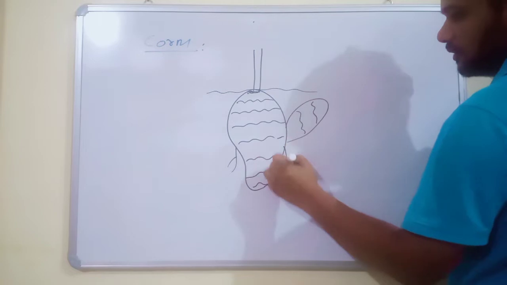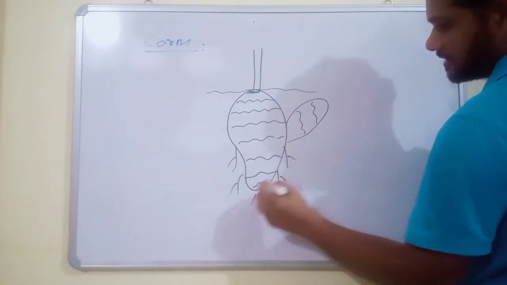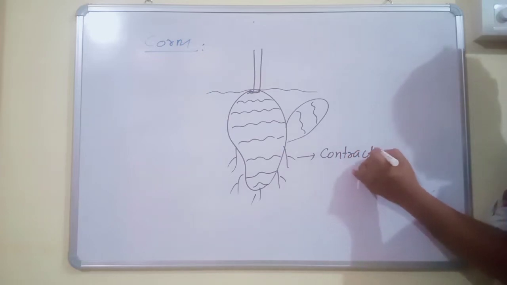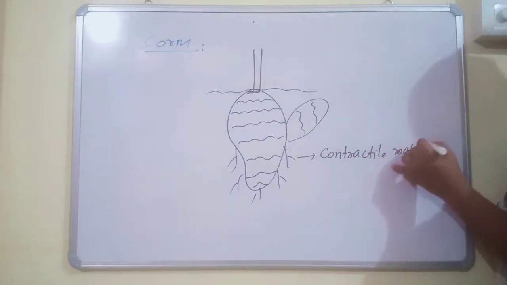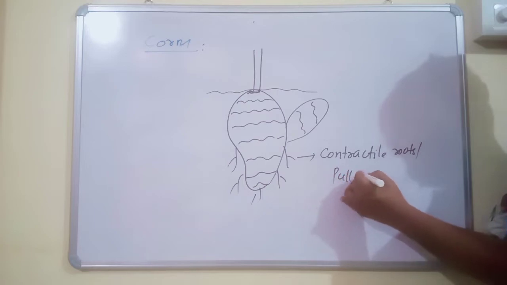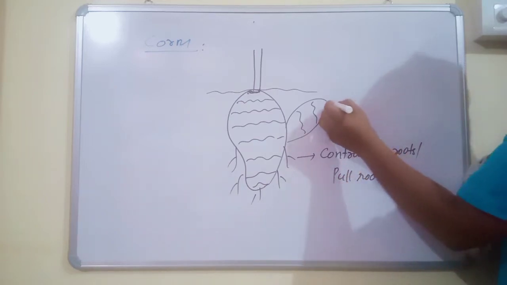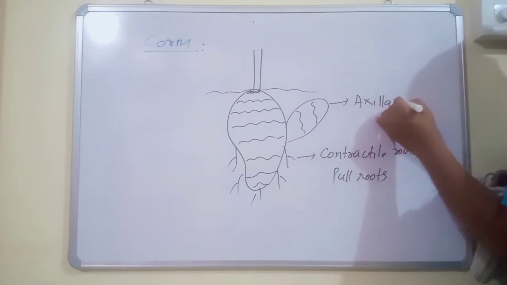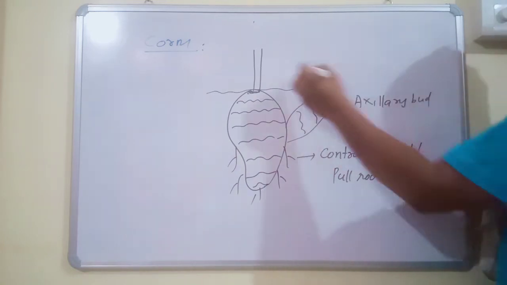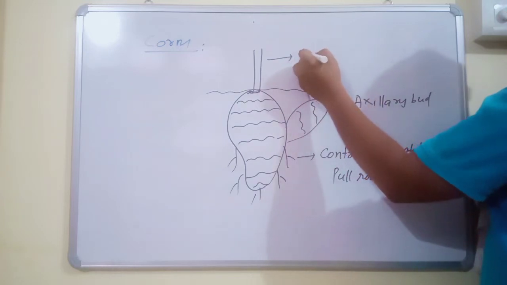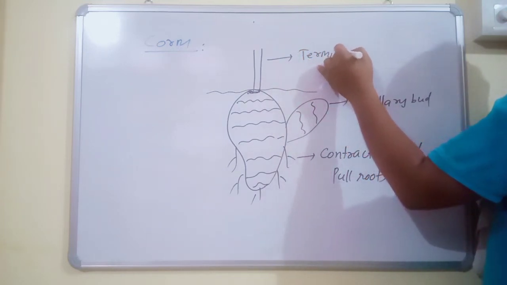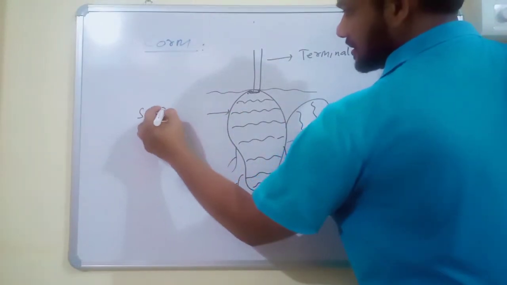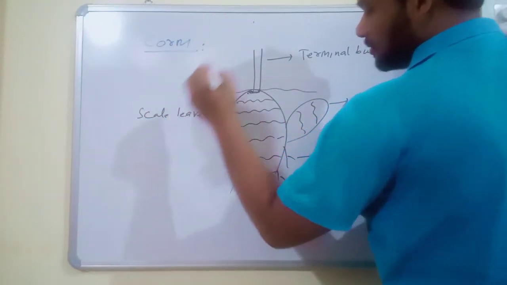And some adventitious roots are present, and these adventitious roots are usually called contractile roots. Contractile roots are also called pull roots, and they are usually branches of axillary buds, and it is the aerial branch. Aerial branch is produced by terminal bud, and they are the scale leaves. So nodes and internodes are present.